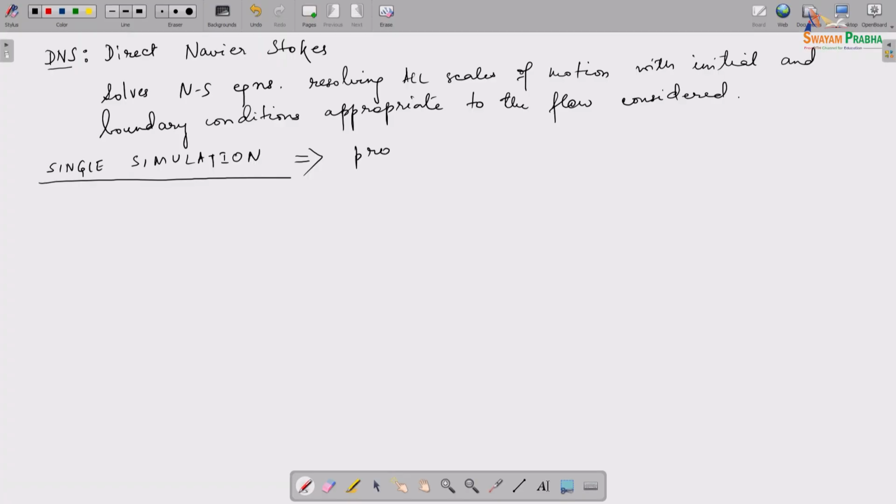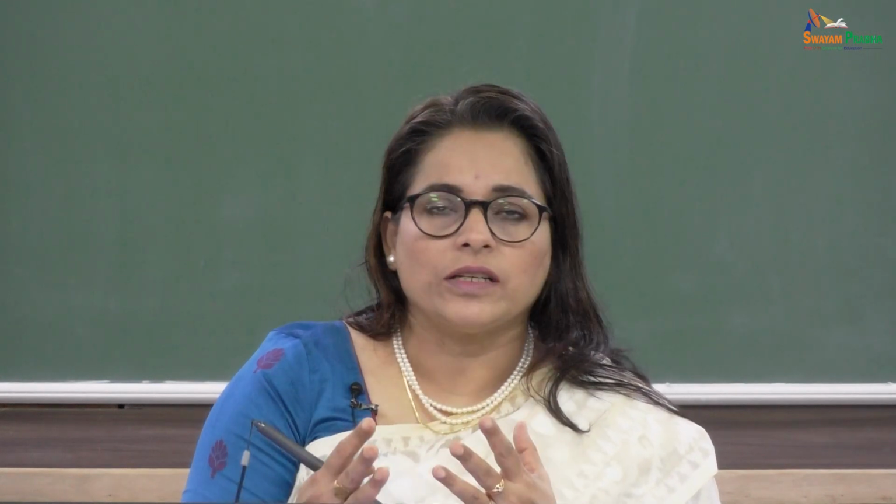So that single simulation produces a single realization of the flow. Say for example you study a turbulent flow for about 1 minute, compared to a flow which is laminar.